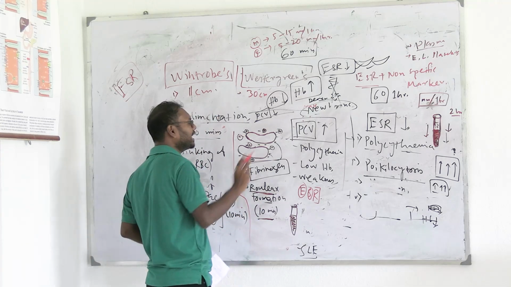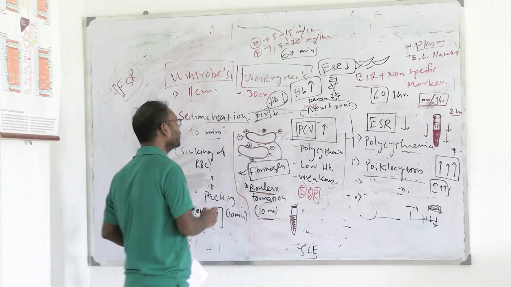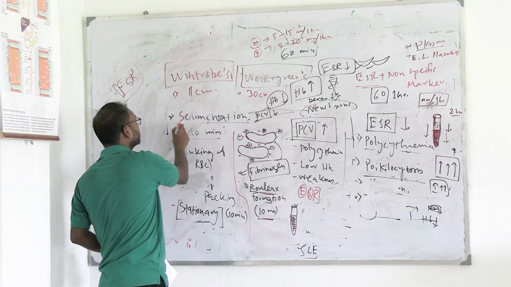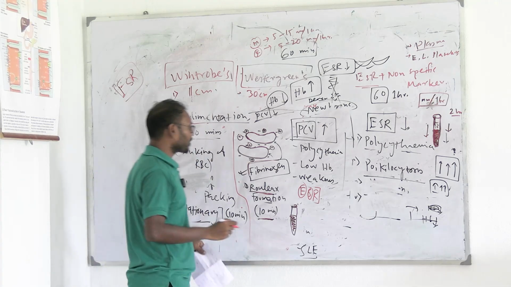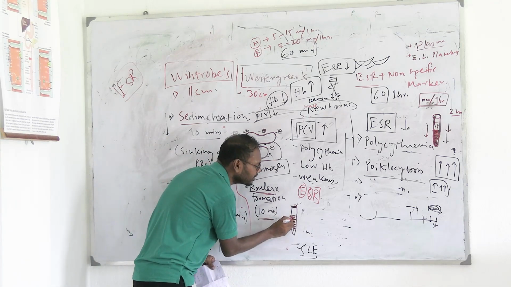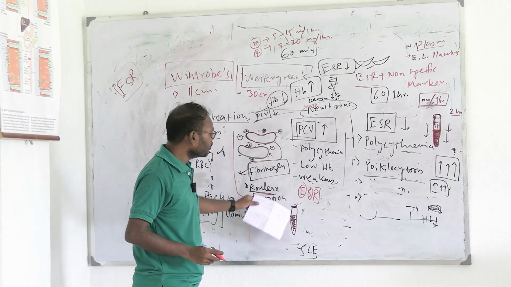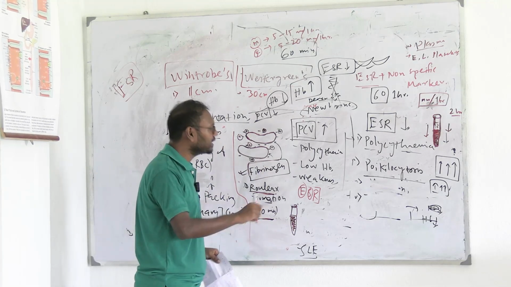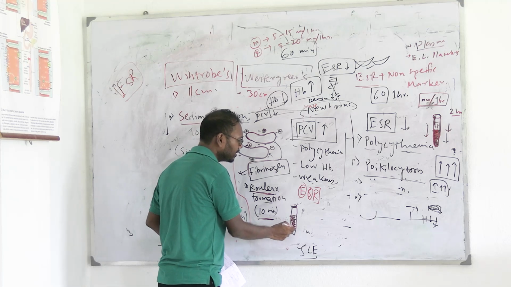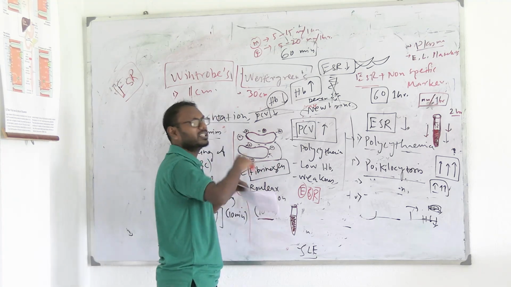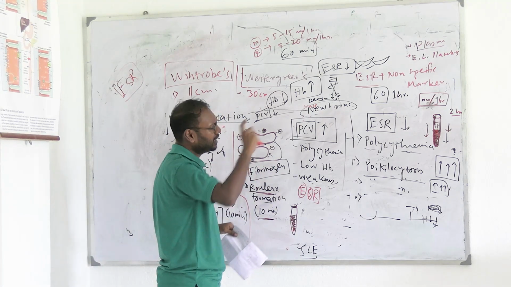Okay. So the next part is your actual process of sedimentation. Now they have created rouleaux in this solution, but they need to sink down below in the test tube. Only then we can measure the cells and the ESR.